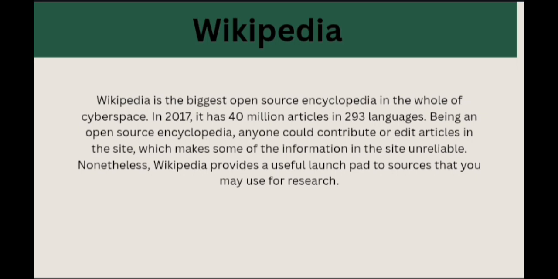In 2017, it had 40 million articles in 293 languages. Being an open source encyclopedia, anyone could contribute or edit articles in the site, which makes some of the information in the site unreliable. Nonetheless, Wikipedia provides a useful launchpad to sources you may use for research.